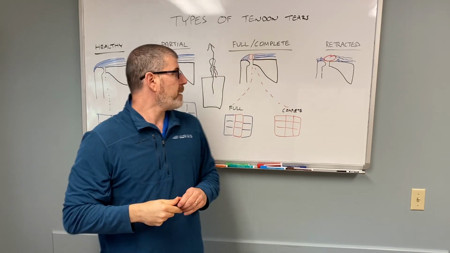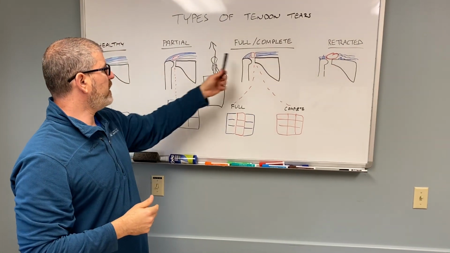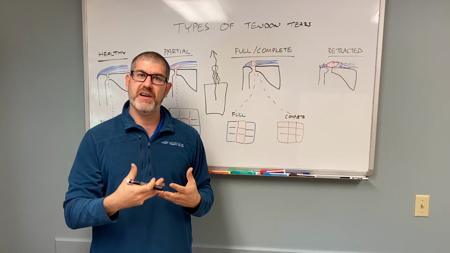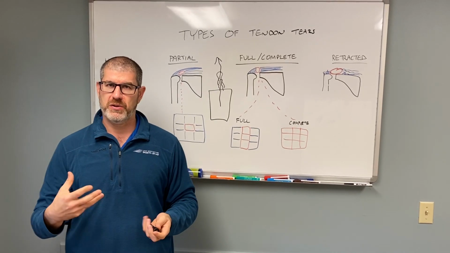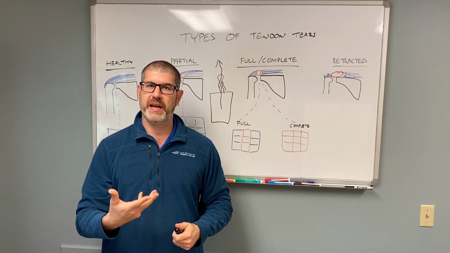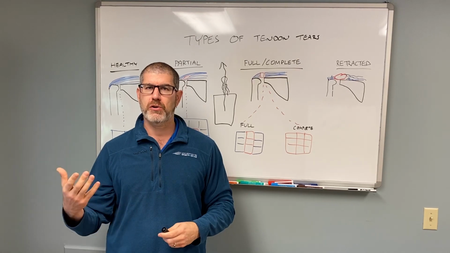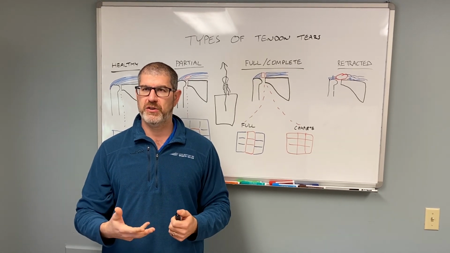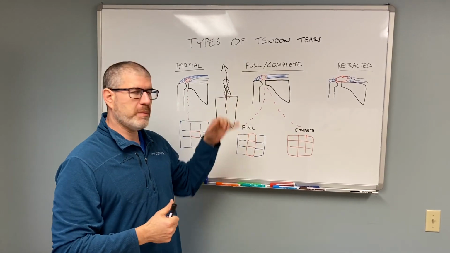And the same thing can happen here. This space where the tear sits, you can have connective tissue come into that area, initially as scar tissue, and then over time that can remodel. So partial tears and full tears have potential for healing as long as you have at least some intact fibers in place.